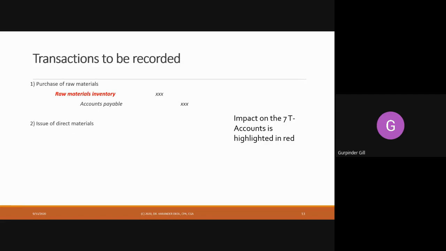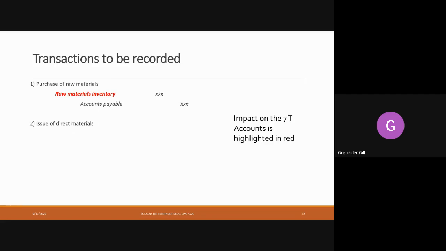It will all go through the raw material inventory account, which is a debit, whether your material was direct or indirect. That distinction is only made when the raw material is requisitioned into manufacturing. That is when we make the distinction whether your material is direct or indirect.